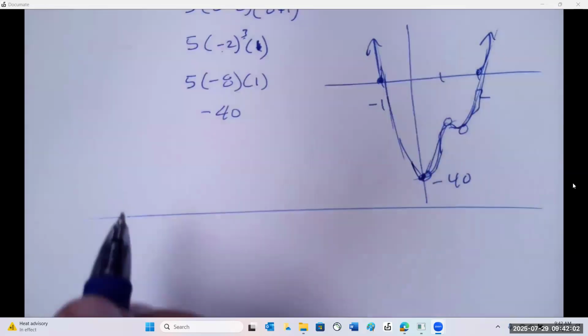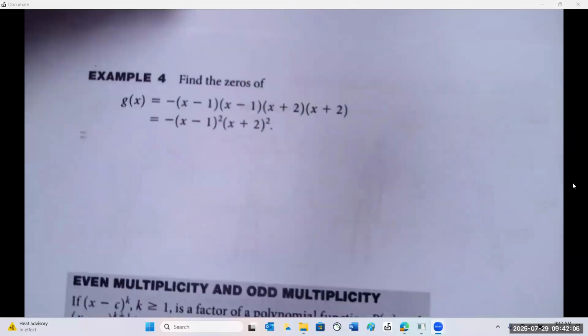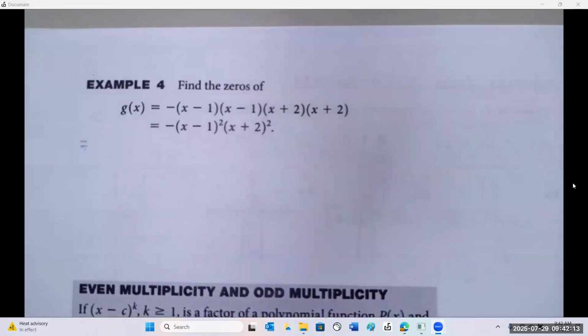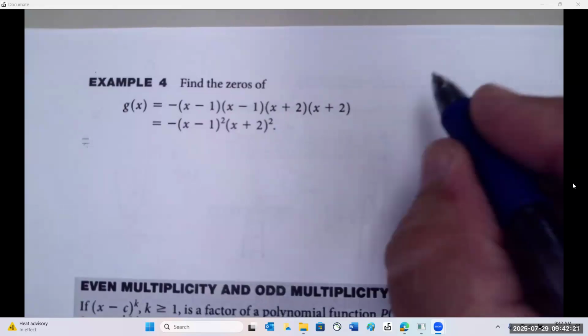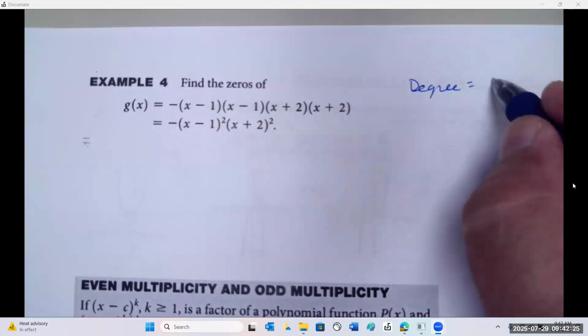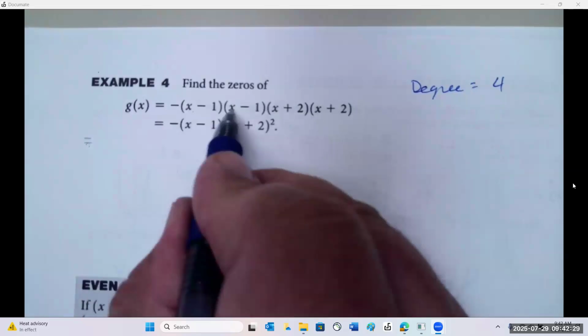Let's look at example 4. What's the degree of this equation? Yeah, 2 plus 2 is 4, and there's 4 x's.